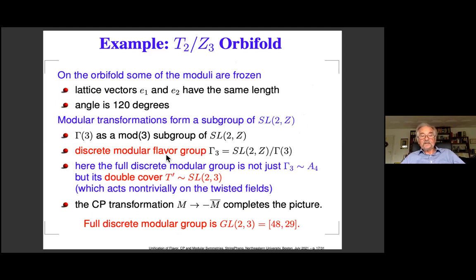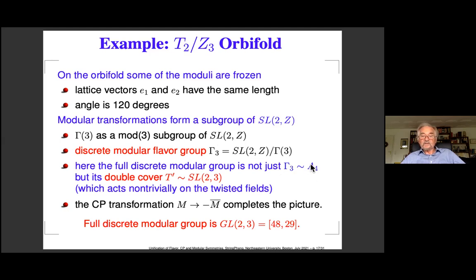So this is still an infinite-dimensional group. Then when you divide SL2Z by this subgroup, you will get this Gamma 3, which is called the discrete modular flavor group. So Gamma 3 actually coincides with A4, which is the even permutations of 4 objects.